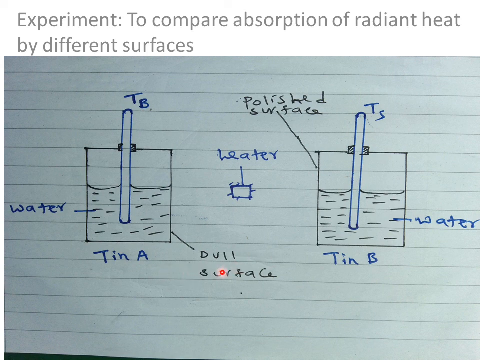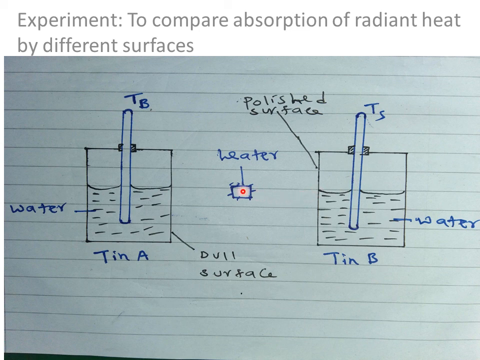One tin has a dull or black surface, and the other one has a polished or shiny surface. Then we place a source of heat at the midpoint, to mean the distance from the heater to tin A is the same as the distance from the heater to tin B.